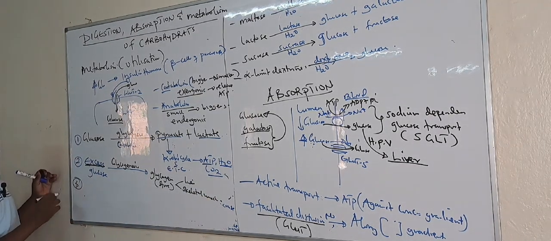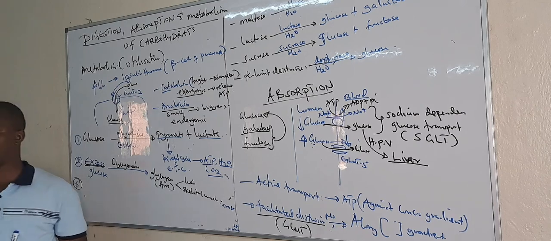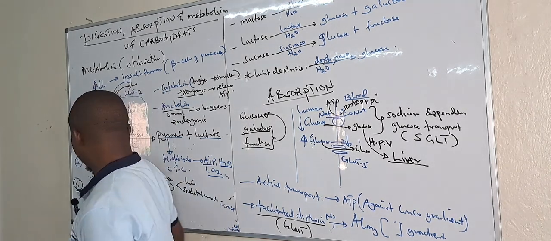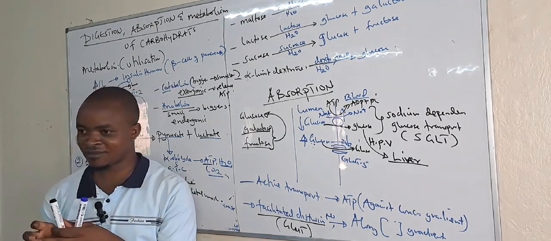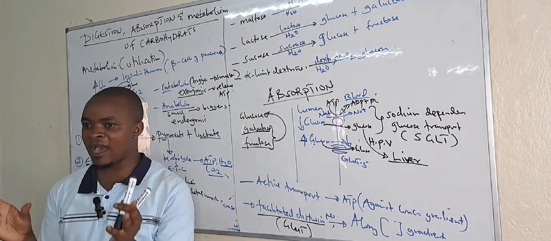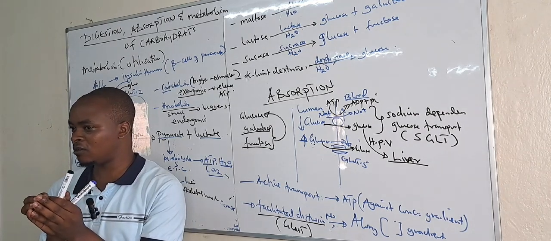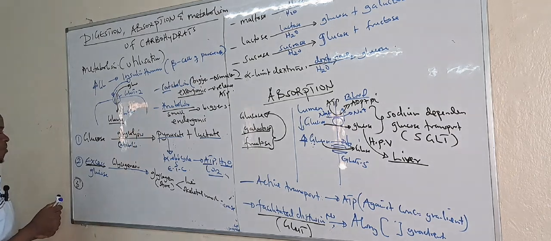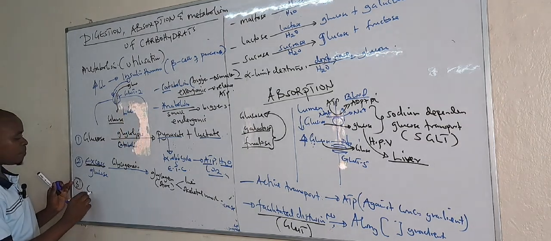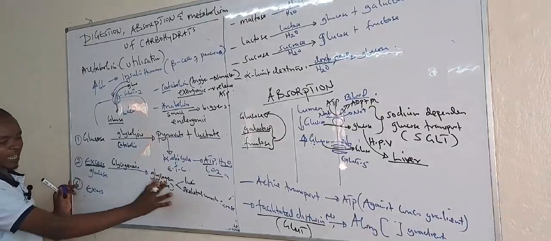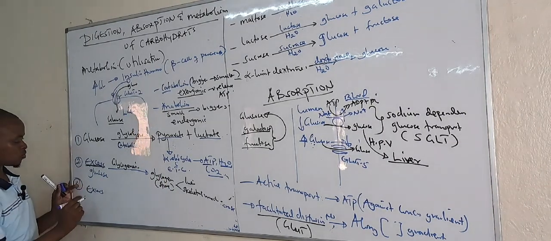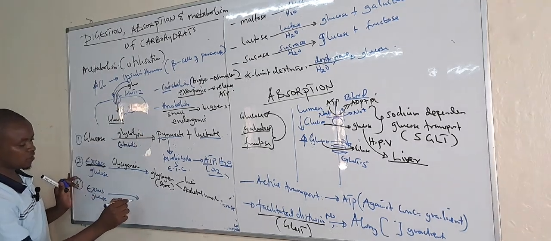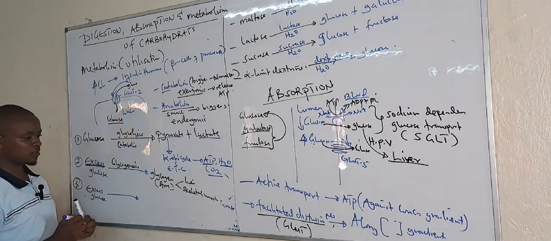Then the third reaction, how the body deals with the carbohydrate we take, is that in case the glycogen stores are full, and there is no other place where we can store anymore, the surplus glucose remaining after glycogenesis is converted to lipids.